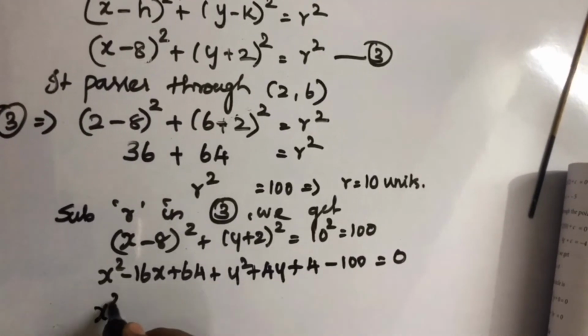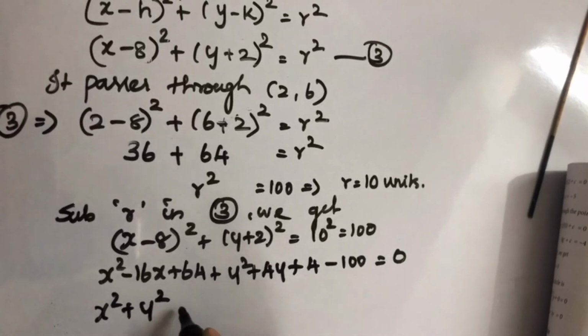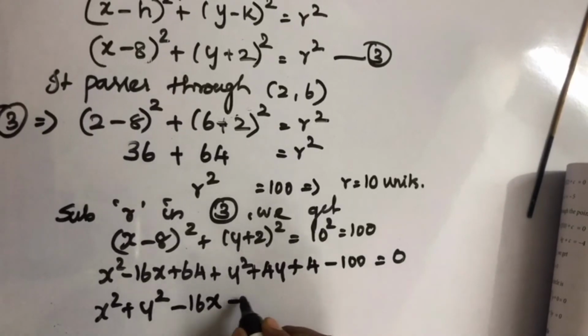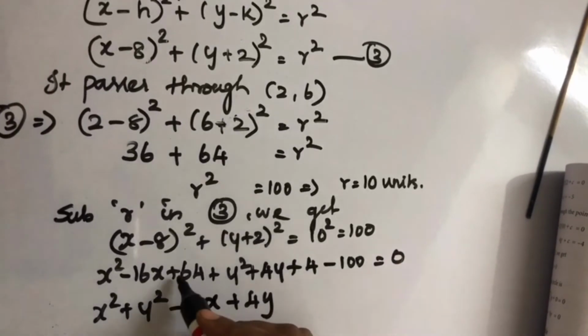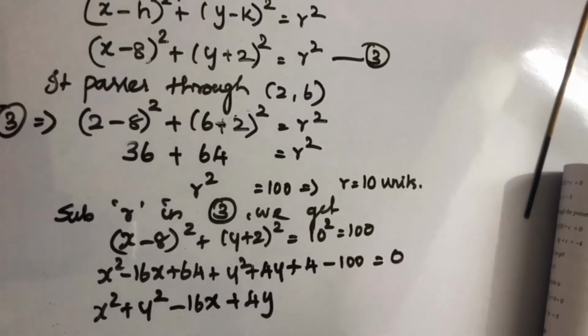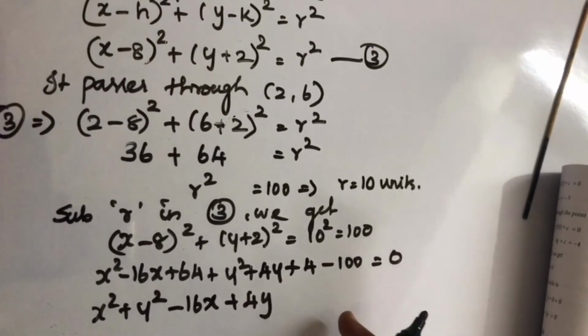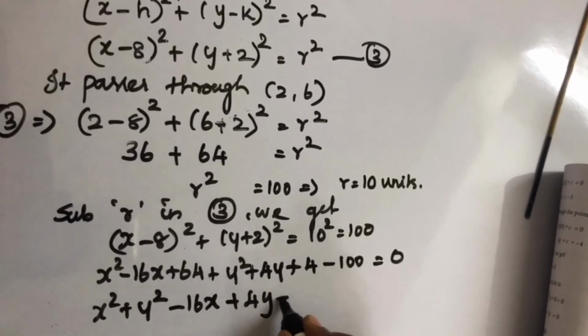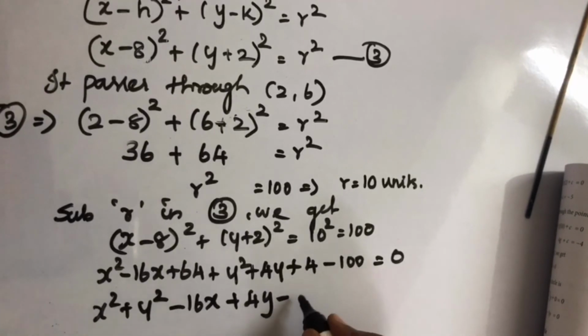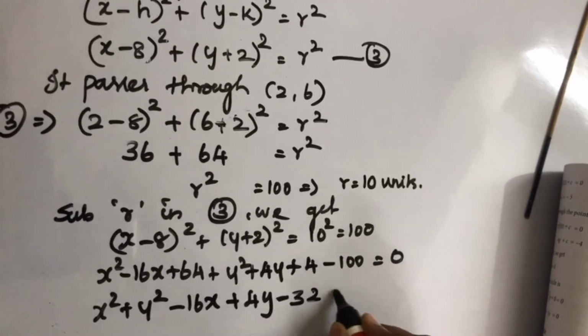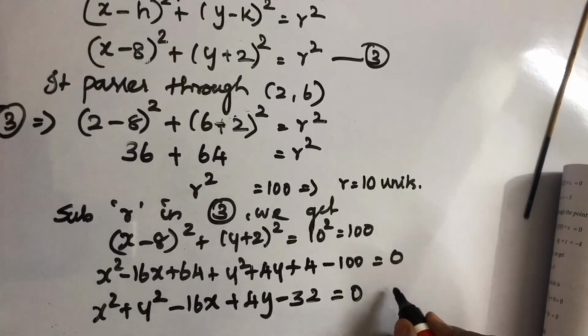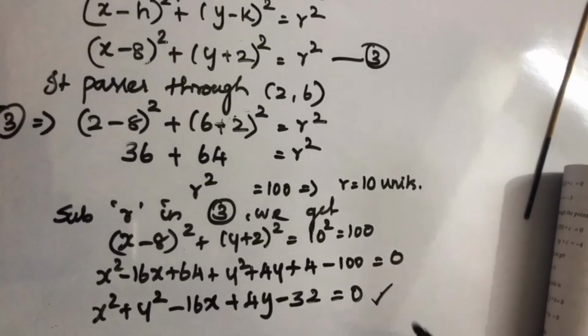So, x square plus y square minus 16x plus 4y. Here 64 plus 4, it is 68. 68 minus 100, it is minus 32 is equal to 0, and this is the required equation of the circle.